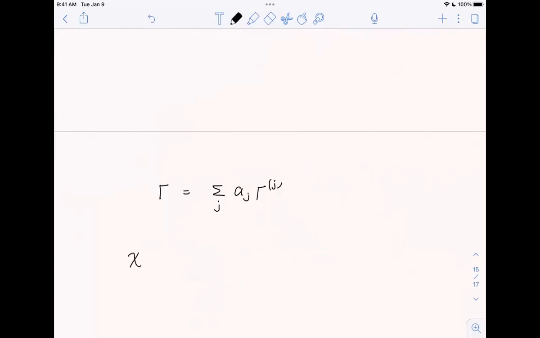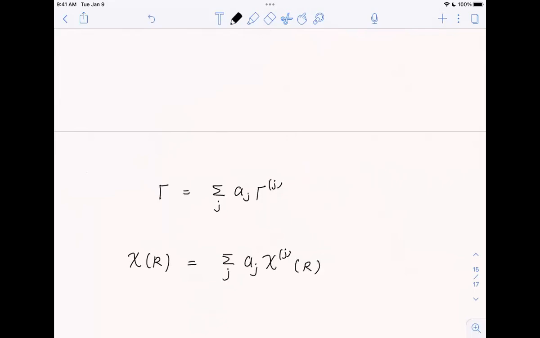Let's say the character for the R element will be equal to the sum over j of a_j times the character for the jth representation at R.